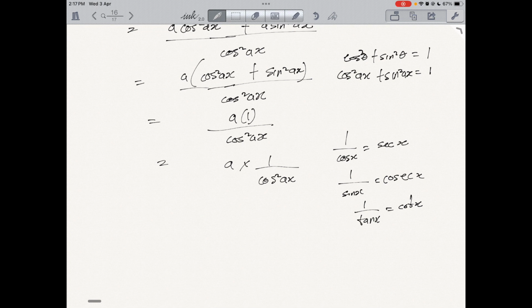Now, 1 over cos squared x is equal to sec squared x, 1 over sin squared x is equal to cosec squared x, and 1 over tan squared x is equal to cot squared x. Therefore, 1 over cos squared ax will be equal to sec squared ax.